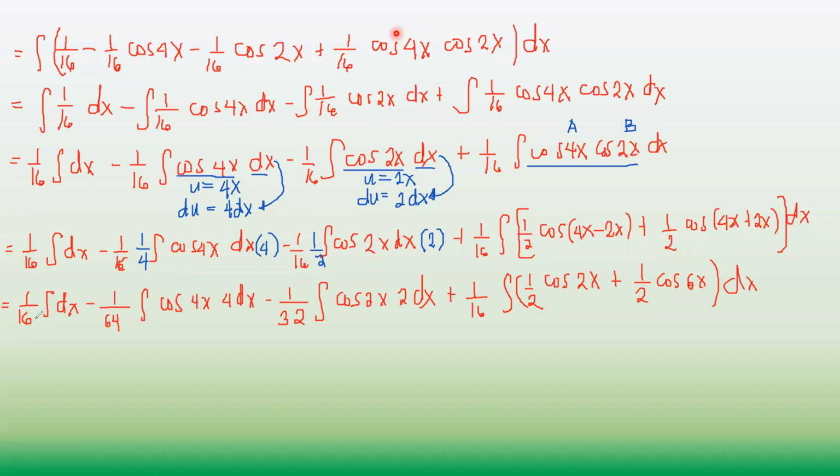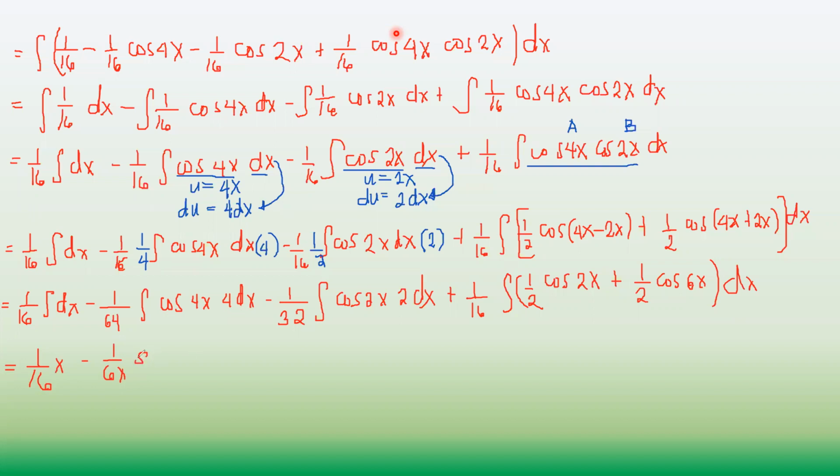So, yung unang part, ito ay integrable na, dx. So, magkakaroon ka ng 1/16 x minus 1/64, which is cosine u du. Equal iyon kay sine u.